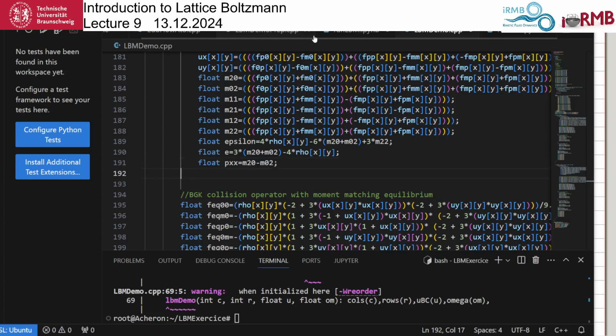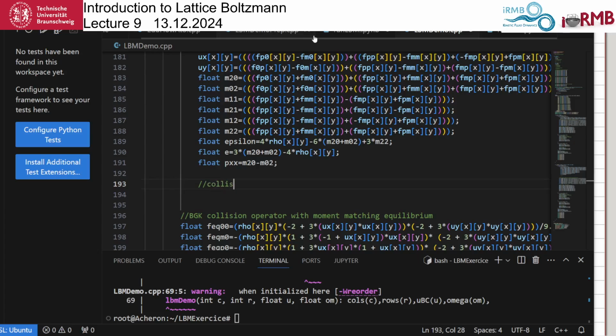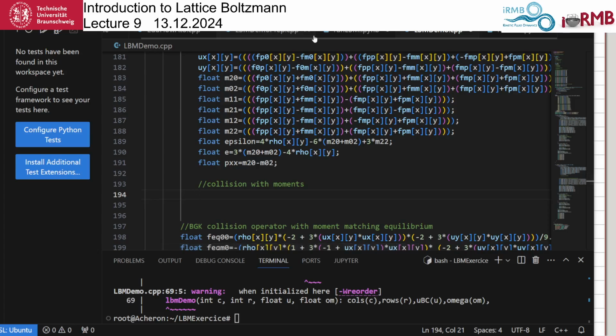So then instead of doing the collision with BGK, what we are now doing is collision with moments. So basically it's the same equation. M11 is m11 plus now the usual omega, because this is the hydrodynamic moment, right? Omega times, so now comes the equilibrium. We have to specify the equilibrium here.